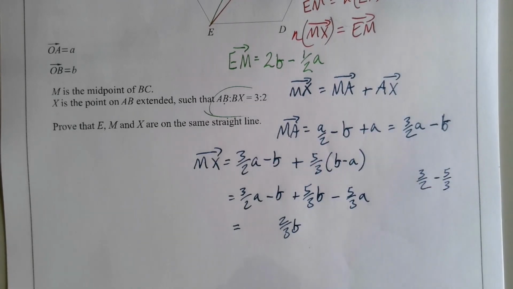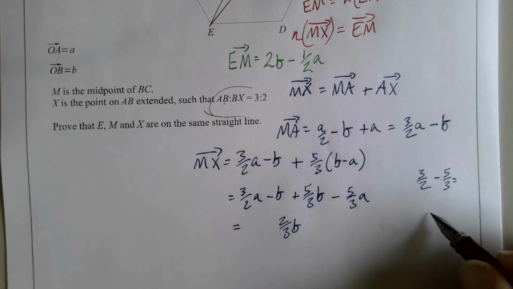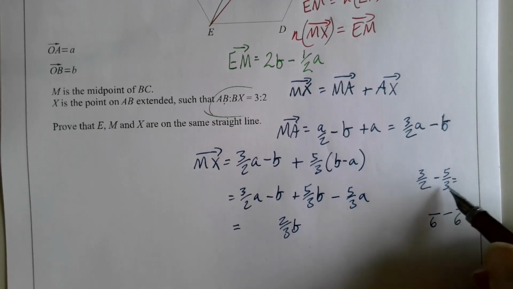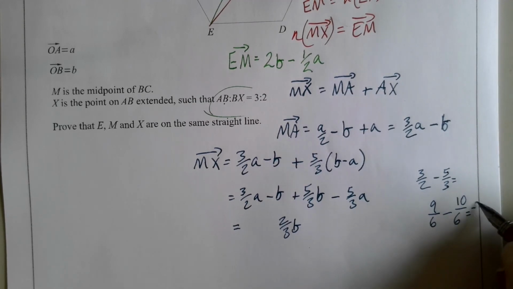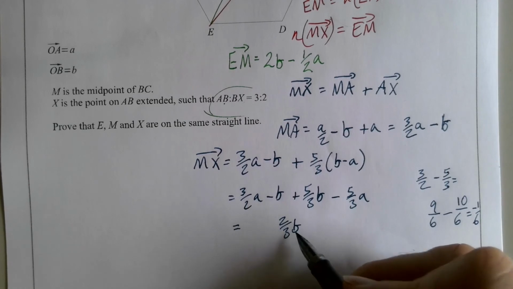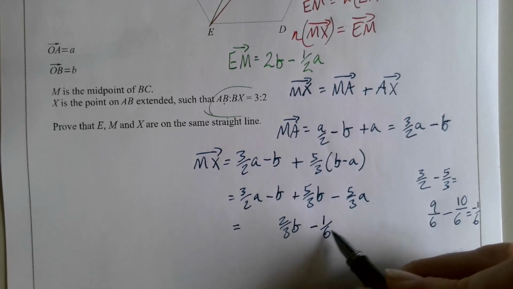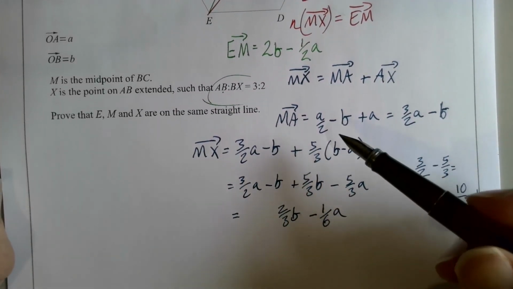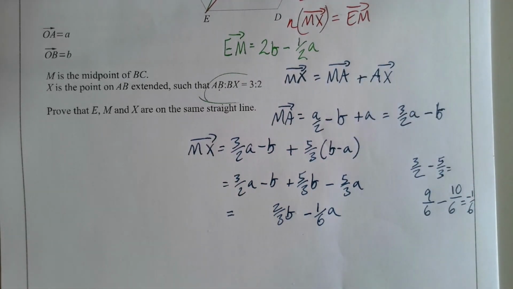So if we're going to do that, we need to turn it into a common denominator of 6. If I times that by 3, that gets me 9, times this by 2 gets me 10. 9 take 10 is negative 1, so it's minus 1/6. So we've got 2/3 B, and we are taking 1/6 of A, which is quite good because we've got positive B and we've got a negative A there, so we want that.